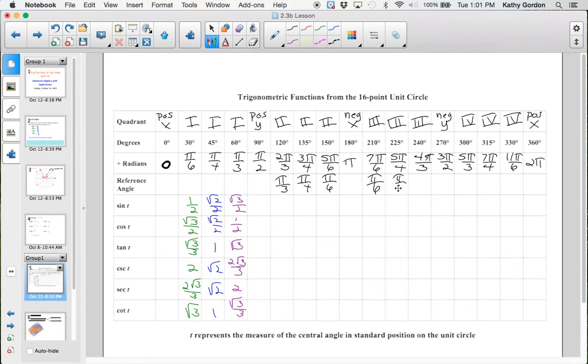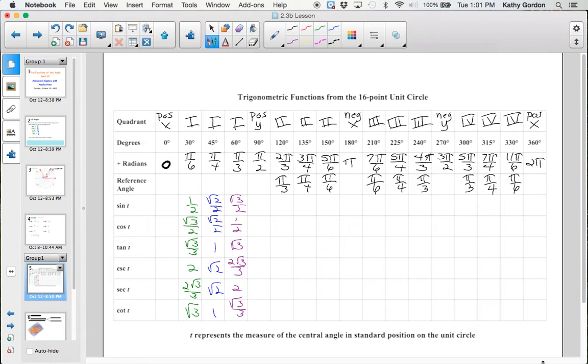Pi over 4. 4 pi over 3, what's the reference angle? Pi over 3. We're skipping the axes for the moment. 5 pi over 3, what's the reference angle going to be? Pi over 3. 7 pi over 4. And 11 pi over 6.